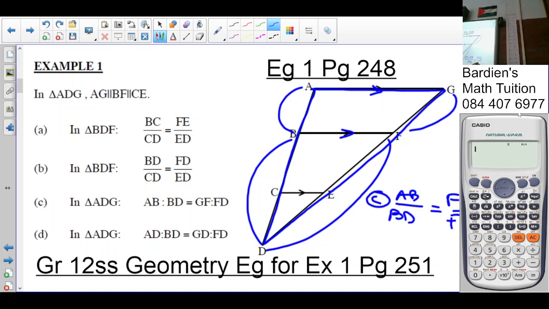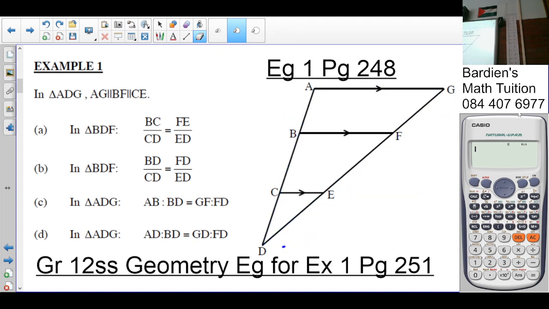Is that correct? And that ratio, this fraction, can be written in another form as AB is to BD as FG is to FD. Okay, you guys understand?